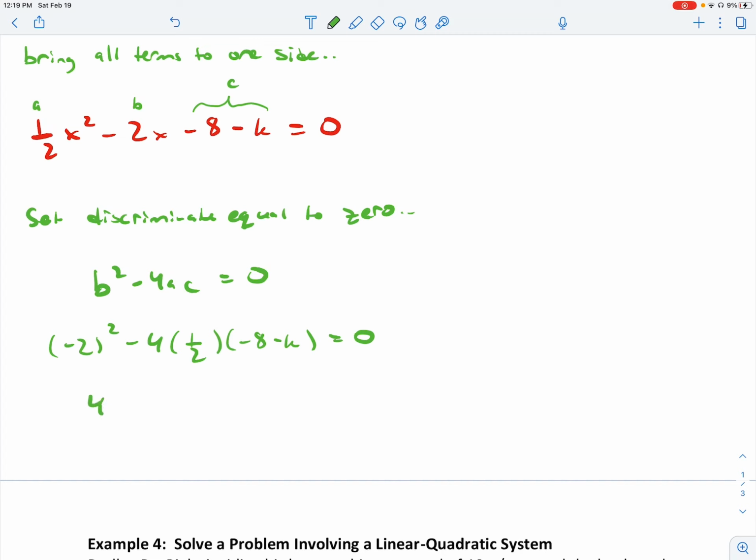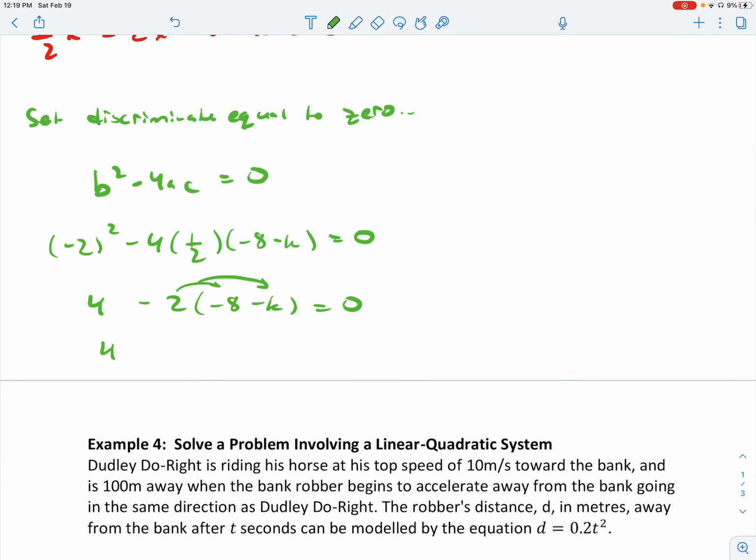Negative 4 times a half is going to be negative 2. And then we have negative 8 minus k. We'll distribute in. So we have 4. Negative 2 times negative 8 is 16. And then negative 2 times negative k is 2k.